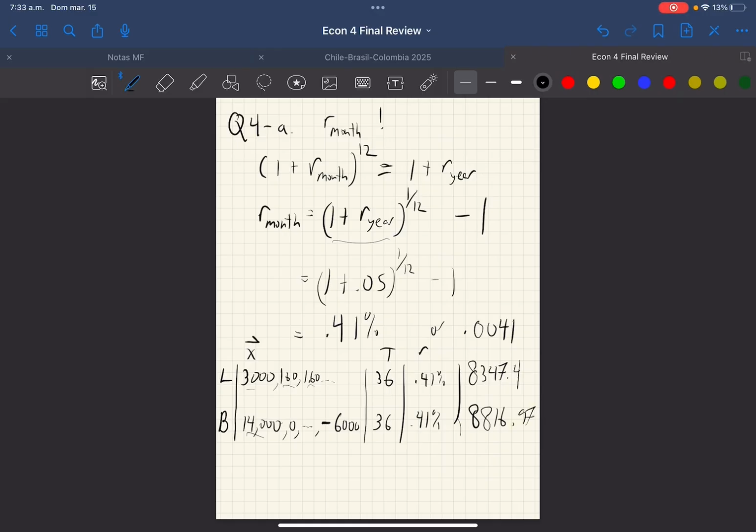And so leasing is better, because it has a lower net present value when I did this negative positive trick. So that's the answer here.